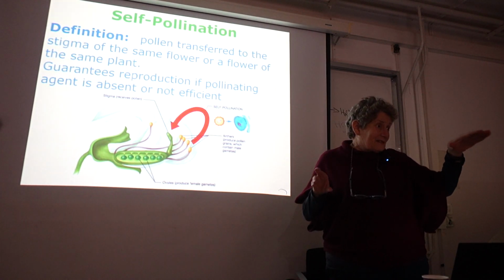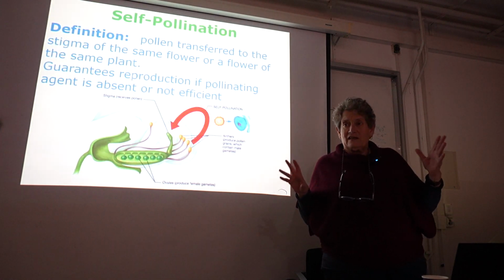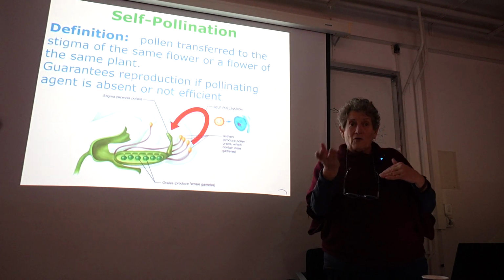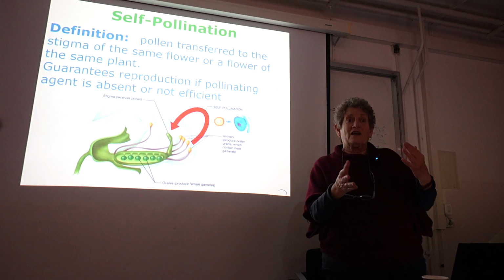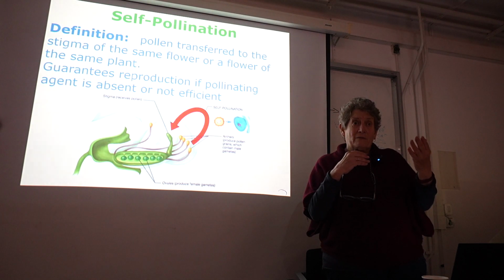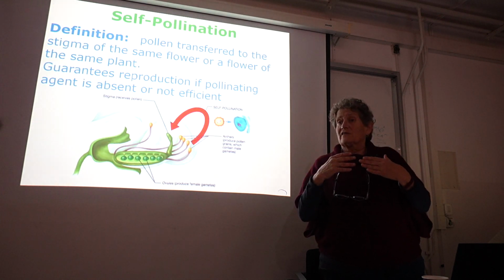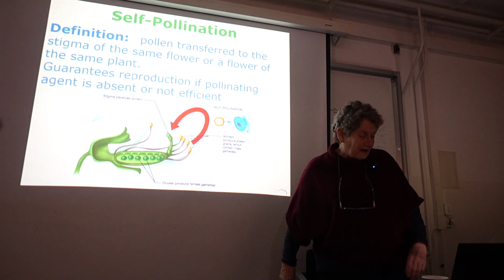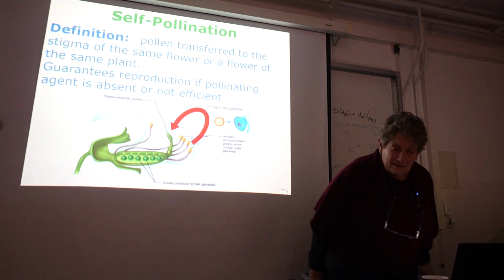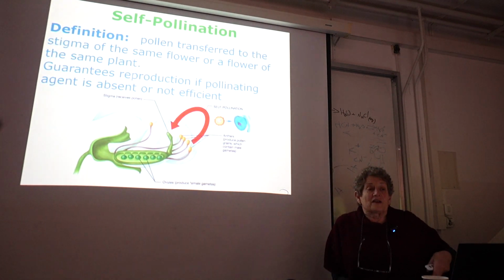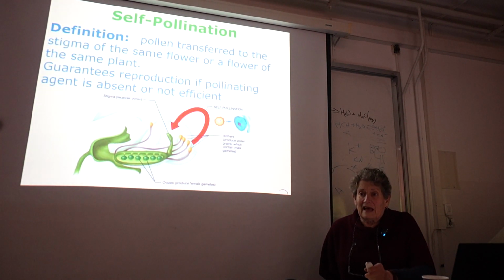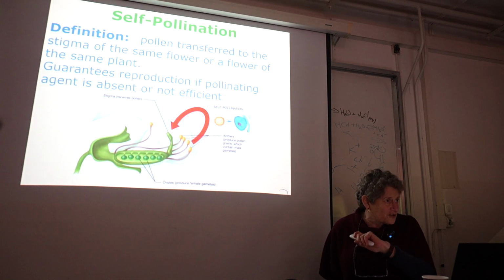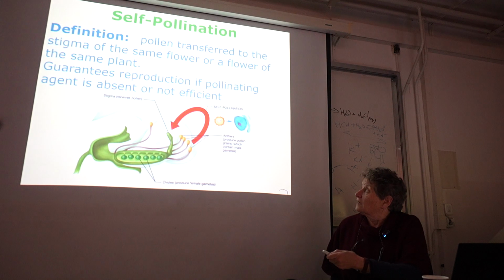And many plants, these type of plants, we will soon see examples of them, geophytes, reproduce in both ways. They have both sexual reproduction and vegetative reproduction, and that ensures for them the best possible outcome. So this is self-pollination. Many plants have mechanisms that prevent self-pollination. We'll see examples soon.